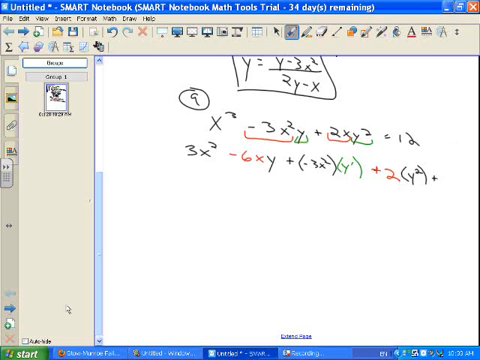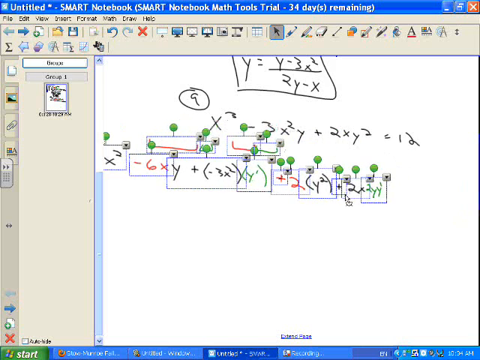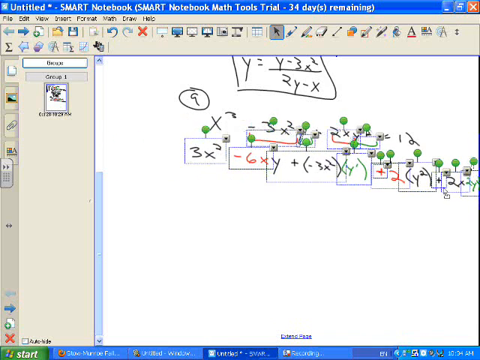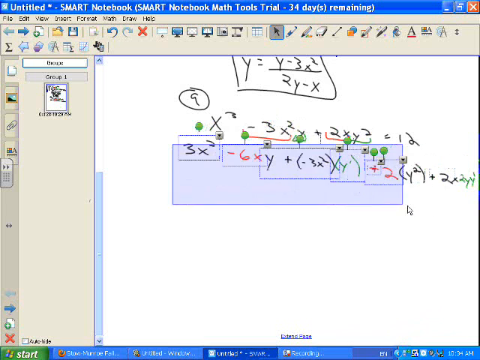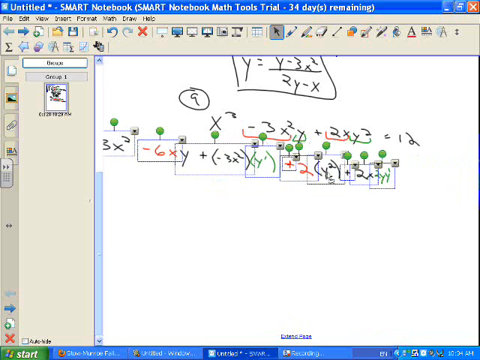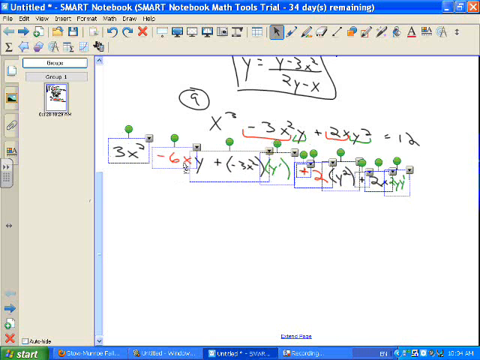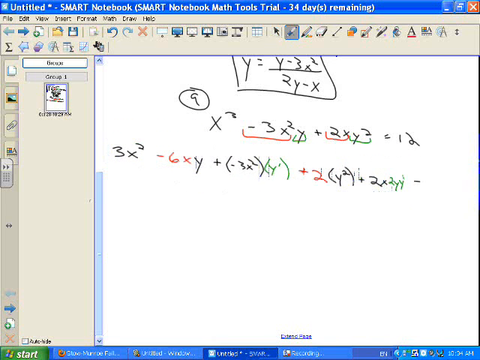Plus the first left alone times the derivative of the second, 2y, y prime. And that's going to equal 0, if the derivative of 12 is 0.